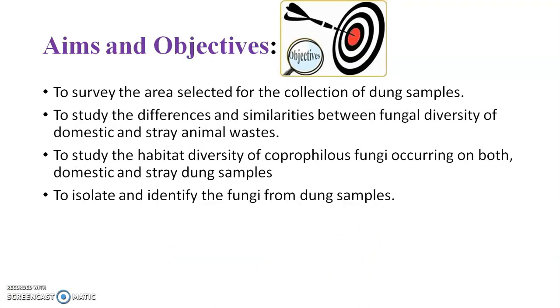Aims and objectives of our study: to survey the area selected for the collection of dung samples, to study the differences and similarities between fungal diversity of domestic and stray wastage, to study habitat diversity of coprophilous fungi occurring on both domestic and stray dung samples, and the last one is to isolate and identify the fungi from dung samples.